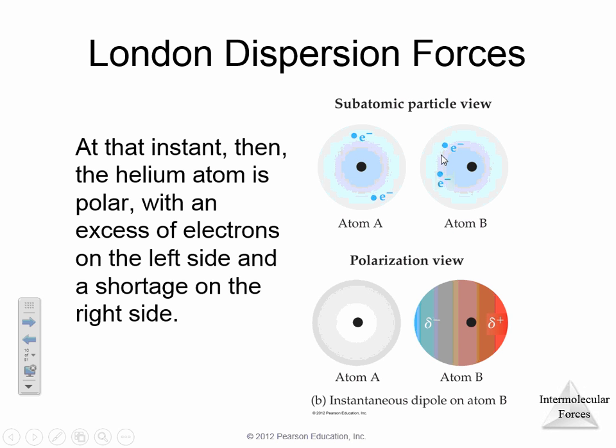What that generates is an instantaneous pole on the atom, where rather than the charge being spread equally throughout, we have the negative charge focused on the side of the atom where the electrons are, and a small positive charge on the side where the electrons are not.